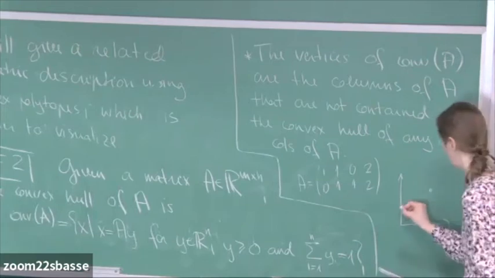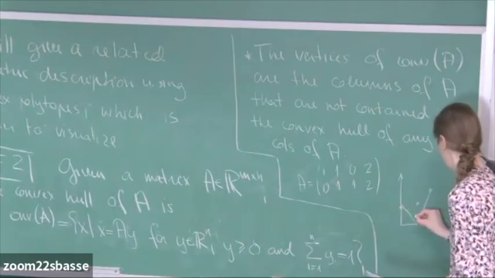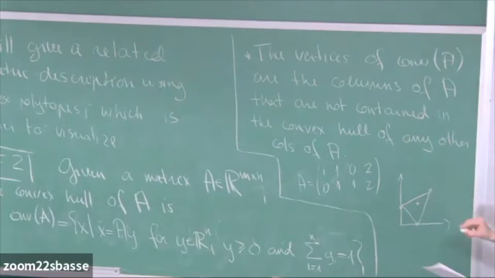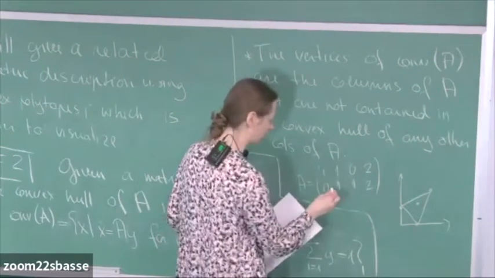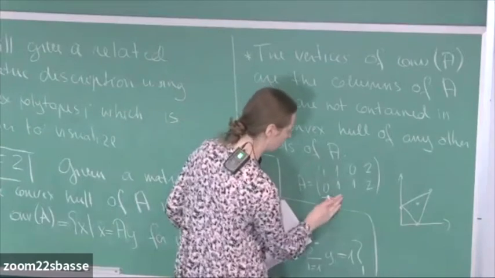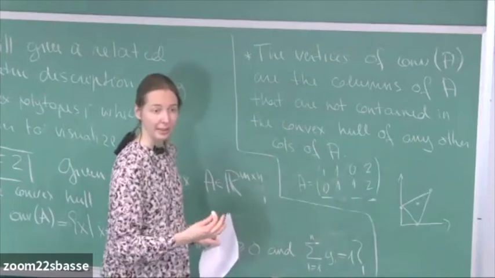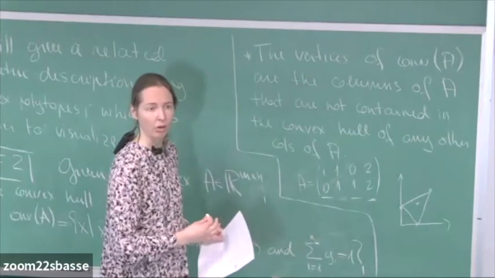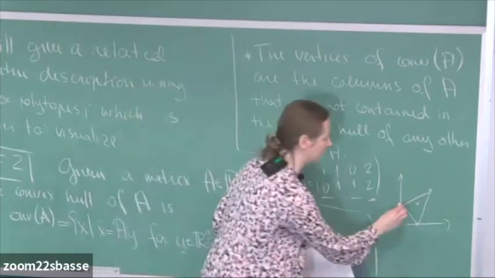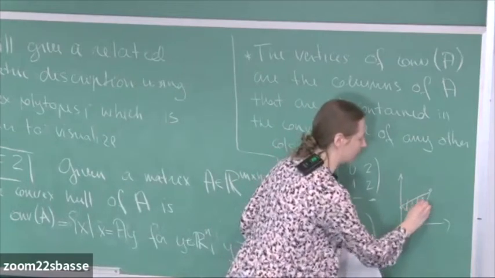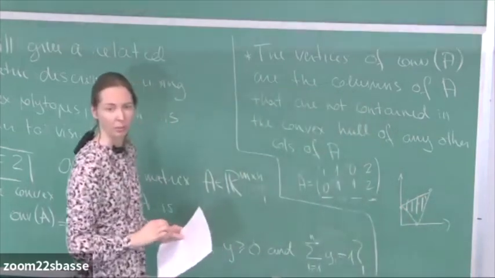The convex hull is the triangle with 3 vertices, and the vertices are the first column, the third one, and the fourth one. So vertices are contained in the columns of A, but not every column of A needs to be a vertex. In this case, (1, 1) is in the interior of this convex polytope.